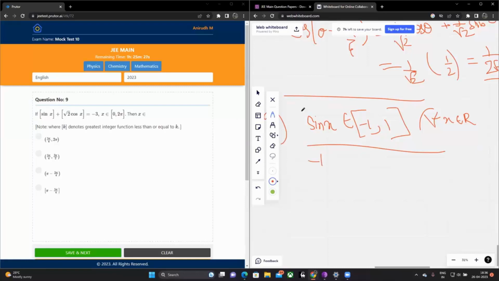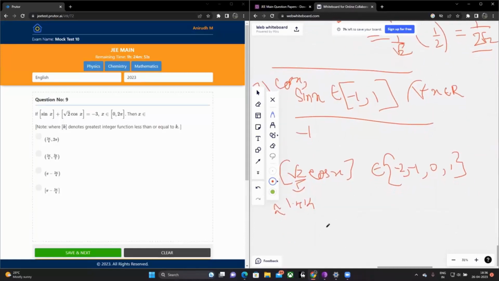And root 2 cos x, since cos x and sin x are bounded by the same limits, I'll also append cos x here. Cos x, comma, sin x belongs to -1 to 1. So root 2 cos x belongs to minus root 2 comma root 2, easy to see. And so the greatest integer of root 2 cos x belongs to any of -2, -1, 0, or 1, because root 2 is 1.414 approximately, right?